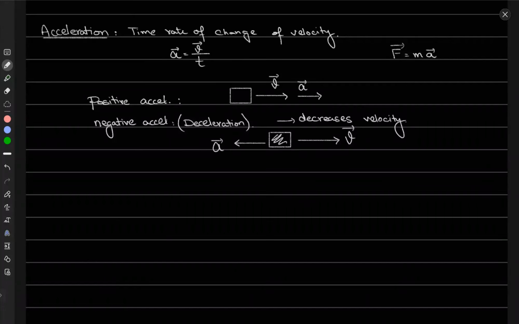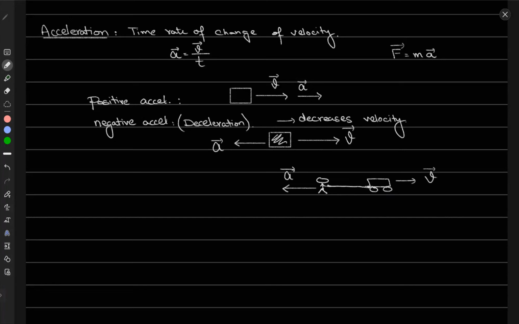So imagine a situation in your head where you are standing over here, and there is a car moving on the road, and you tie a rope to this car and try to pull it backwards, but the car is moving in this direction. So the velocity vector points here, but because you're pulling it to the left, the acceleration vector is pointing to the left. What would happen to the car if you pulled hard enough?